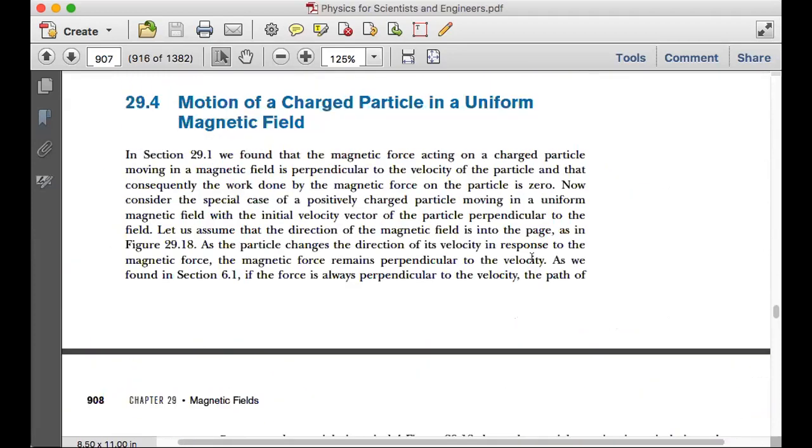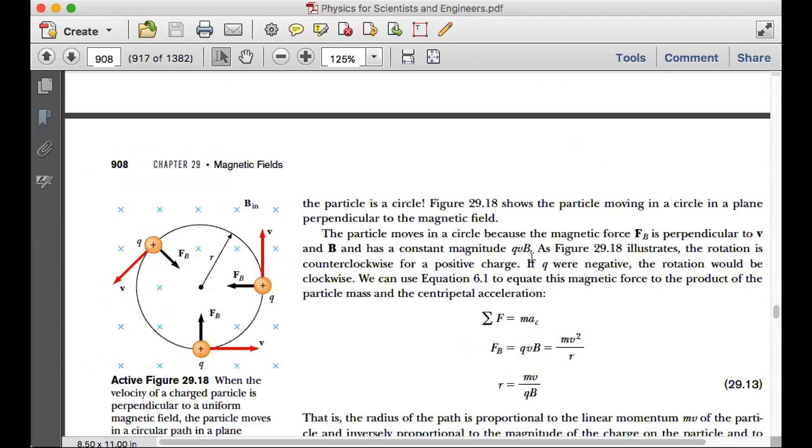Okay, motion of the charged particle in a uniform magnetic field. So if we have, for example, a positive charge moving in a uniform magnetic field, the path of this electric charge will be a circle, yeah?